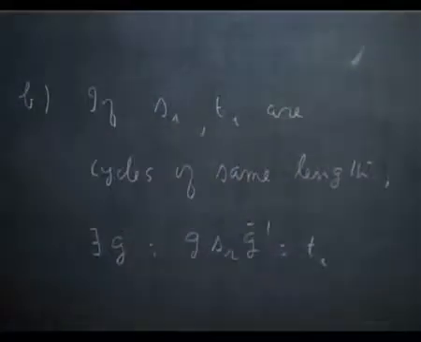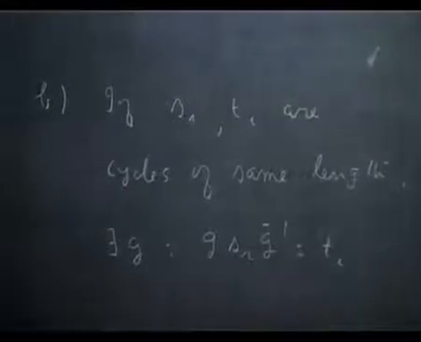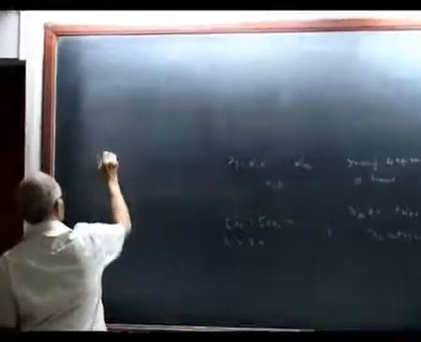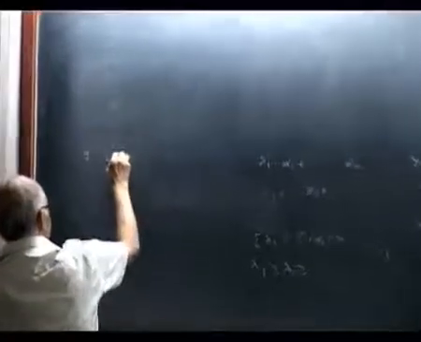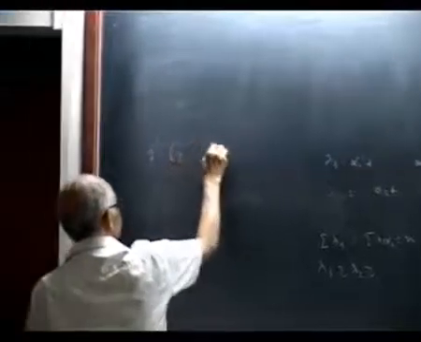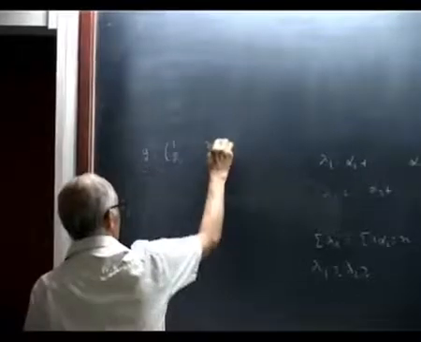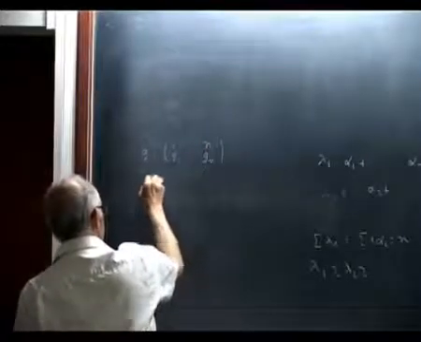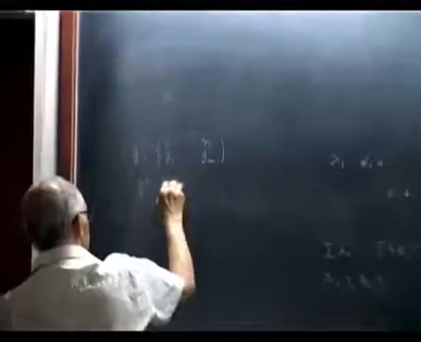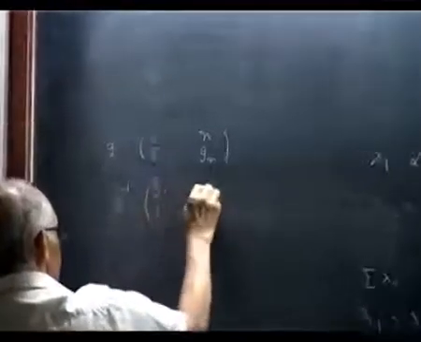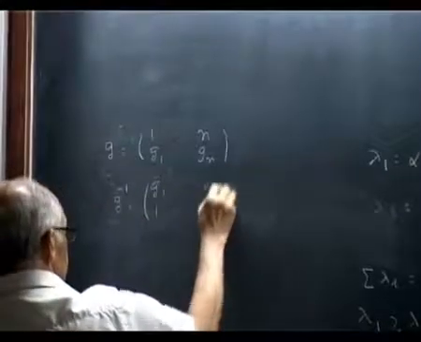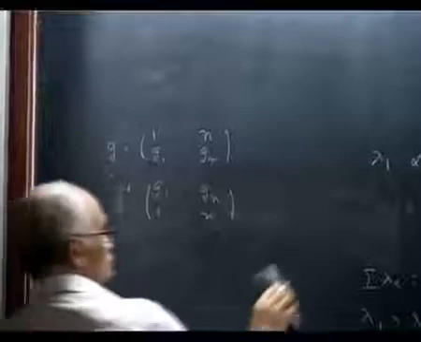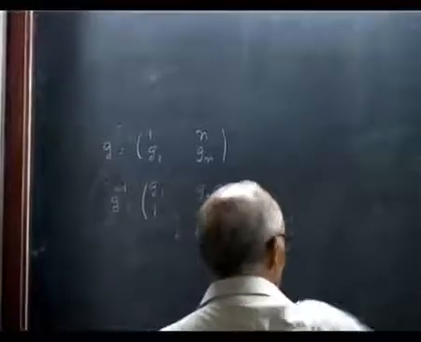The proof is rather easy. So consider g, let us say 1 goes to g1, n goes to gn, then g inverse is g1 goes to 1, up to gn goes to n.